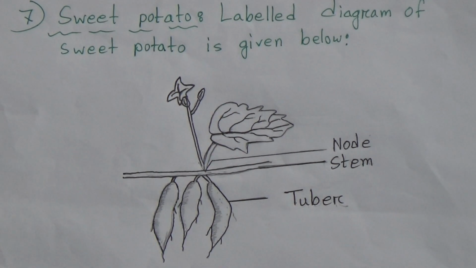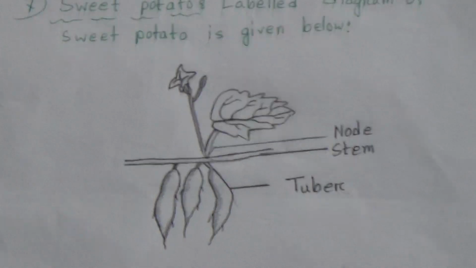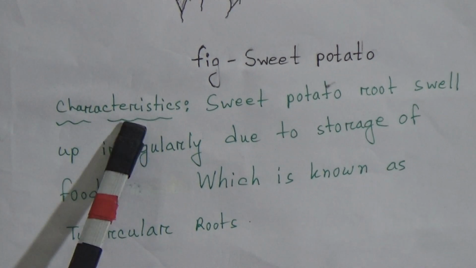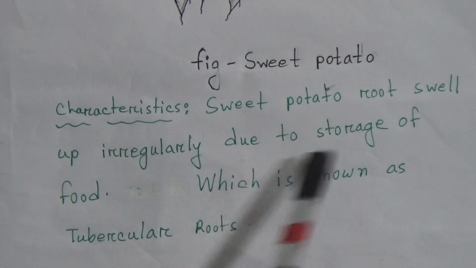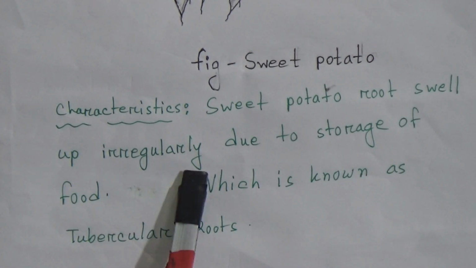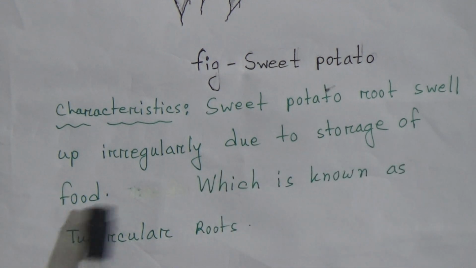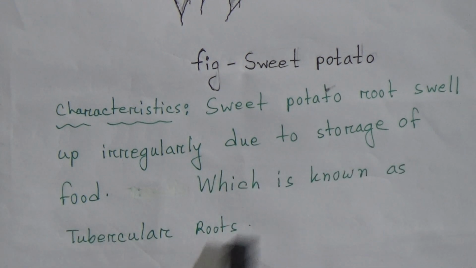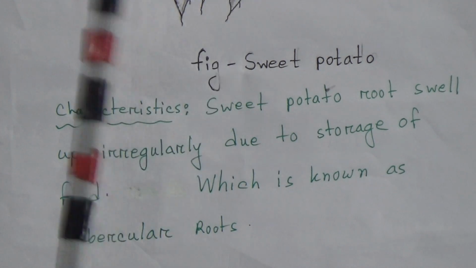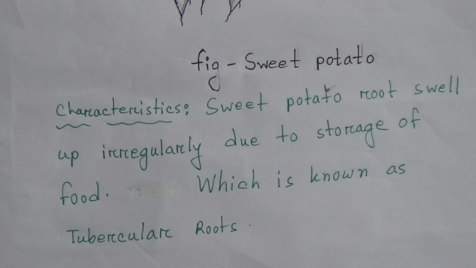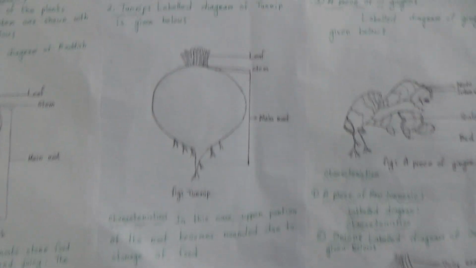Draw this picture properly and then write down their figure name also. And here the characteristics of sweet potato: sweet potato root swells up irregularly due to storage of food, which is known as tuberous root. Students, I hope you will be able to draw this figure, and you will write all characteristics of this figure also.